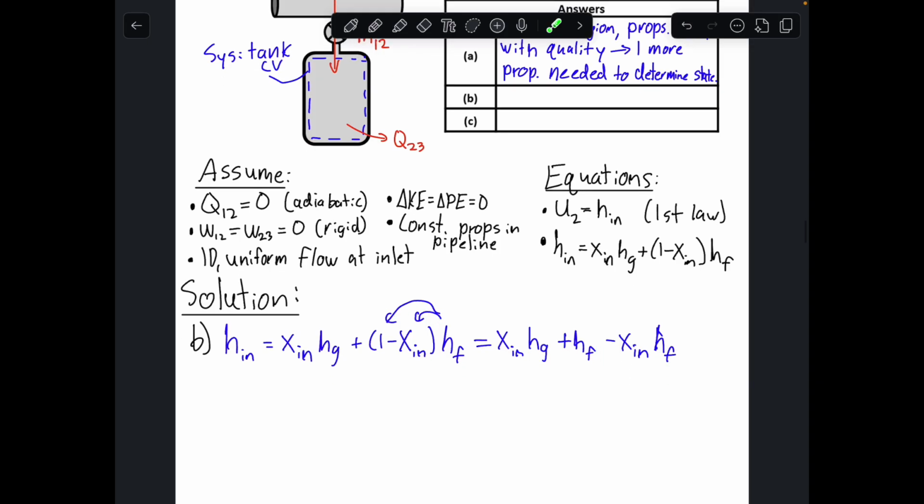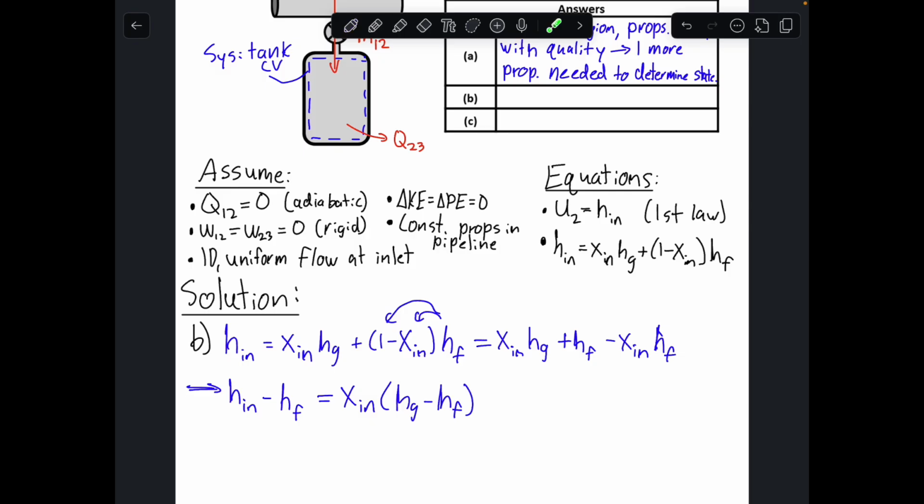Because we just are distributing this to the 1 and to the X in, like you see here. And then we can move this term all the way over to the other side, and then we can consolidate the X on this side. So that becomes H in minus this Hf value that we're moving over, Hf, should be equal to, and then we can consolidate the X in on the other side because these two terms both have X in, times Hg minus Hf.